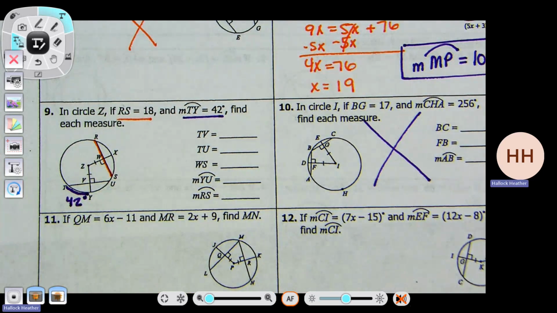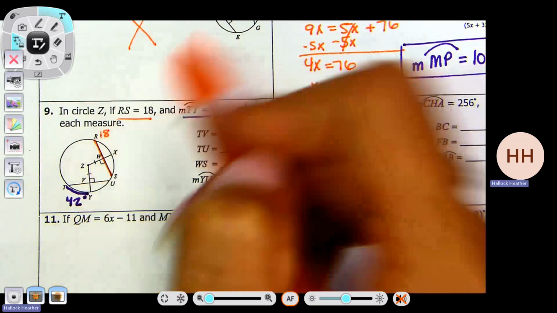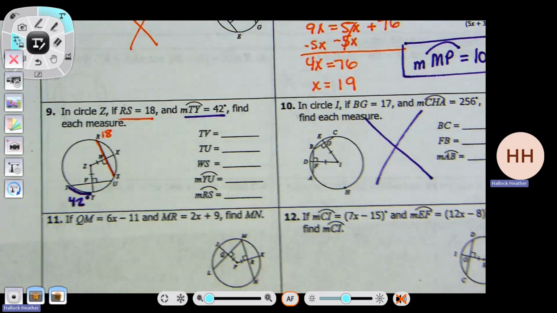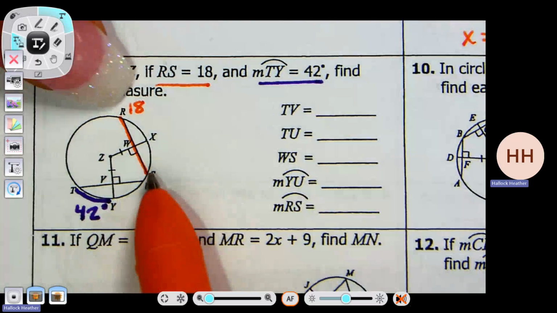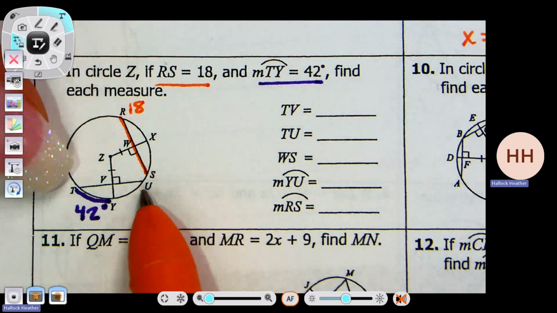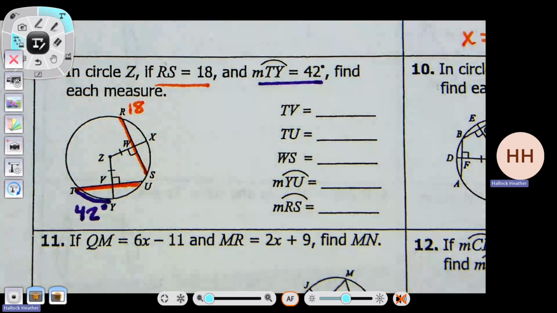It's 18. But if RS is the same thing as that. Yeah, but it's the whole thing. So RS is 18, the whole thing. So the whole thing is 18. So you divide by 2. Yes. Or 9.